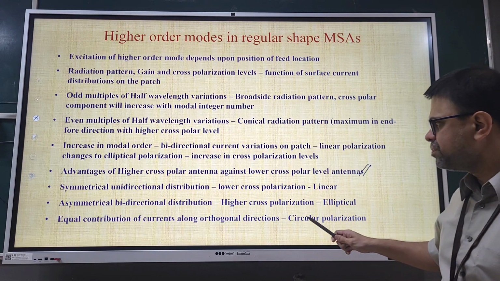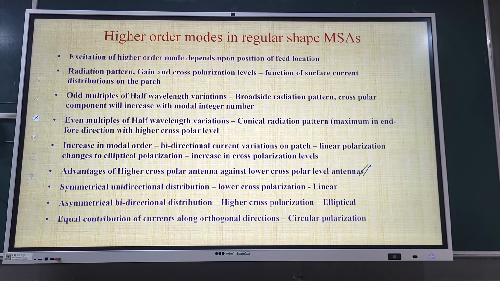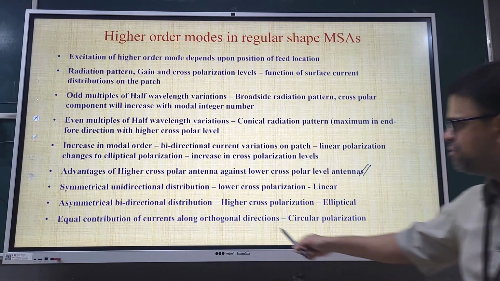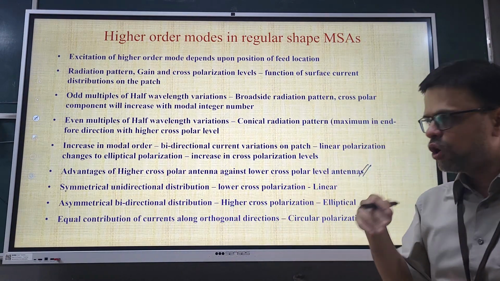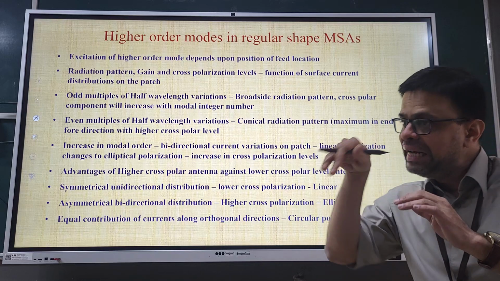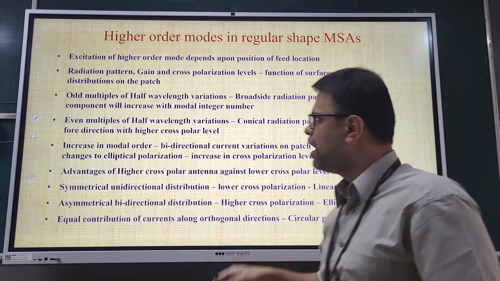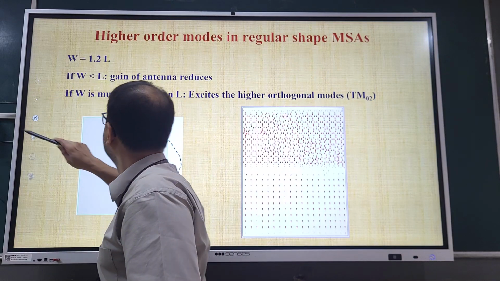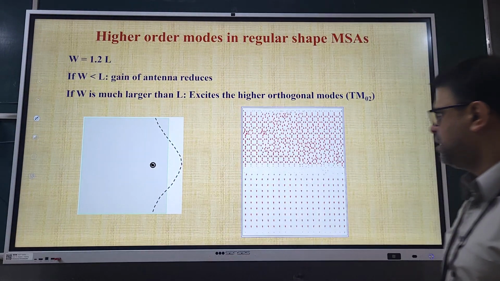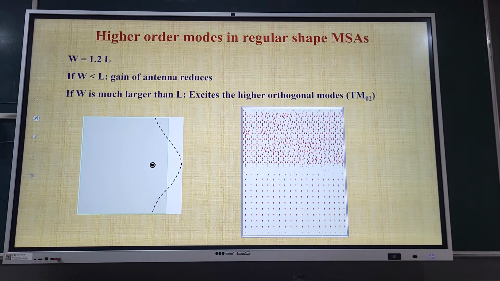Okay. In fact, this generation of orthogonal currents on the patch leads to the circular polarized response. So this is all about higher order modes of the rectangular geometry. I have just given this slide in continuation of that.